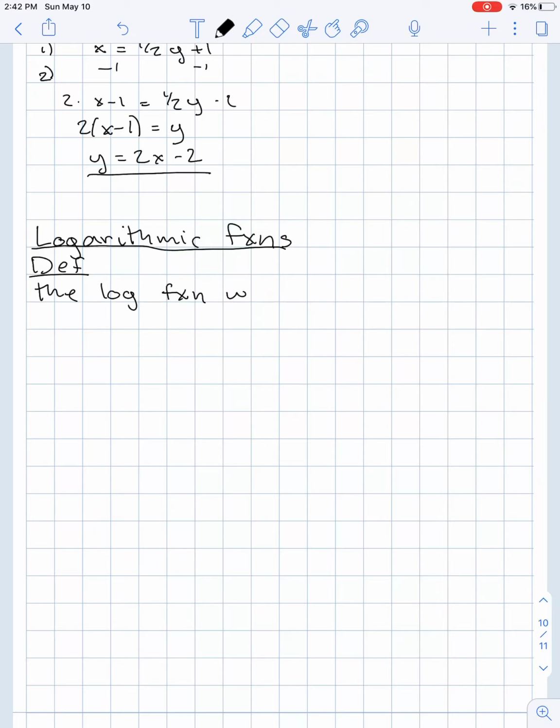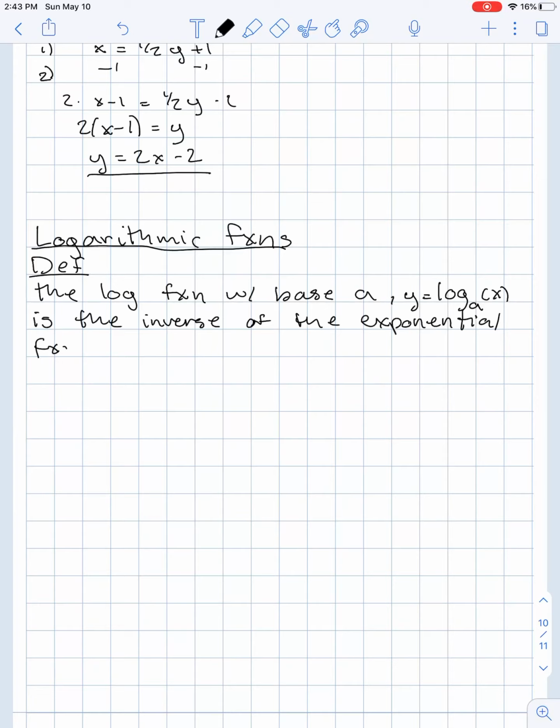So the log functions with base a look like y equals log base a of x, and that is the inverse of the exponential function y equals a to the x. Remember here, a is greater than 0.